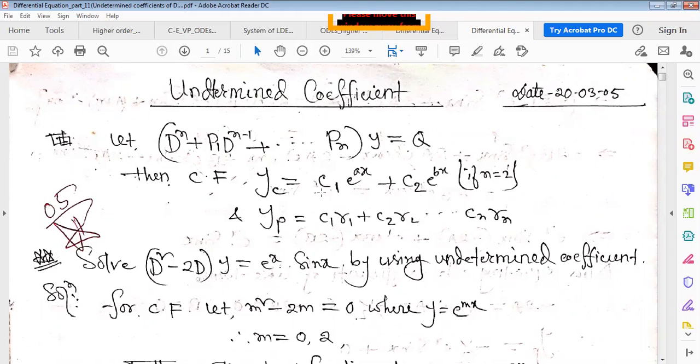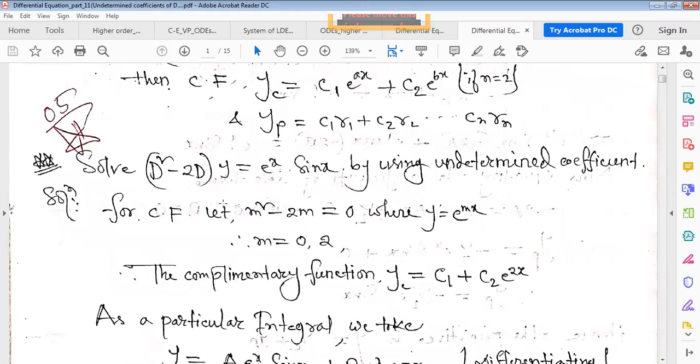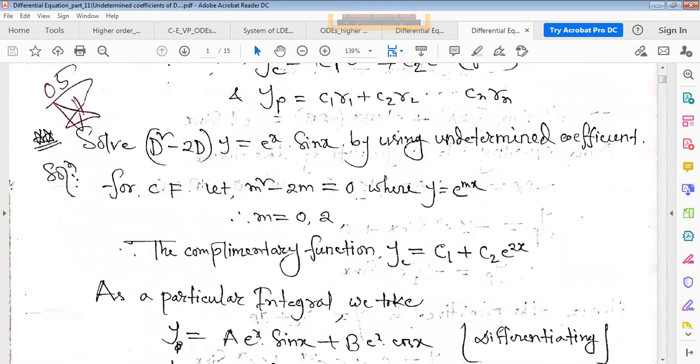For second order, we can write the complementary function, and for nth order, the particular integral can be written like this. Now we'll try to solve how to solve a differential equation by the undetermined coefficient method.